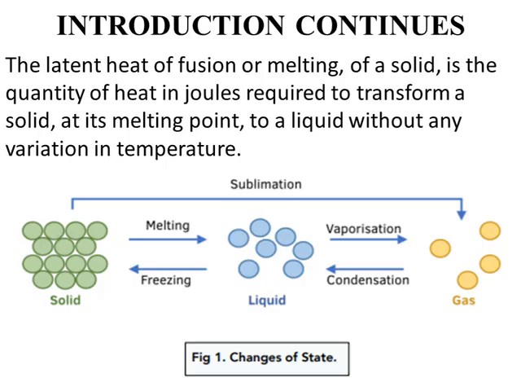Now, latent heat of fusion or melting of a solid is the quantity of heat that's required to transform that particular solid to liquid at its own melting point without any variation in temperature.